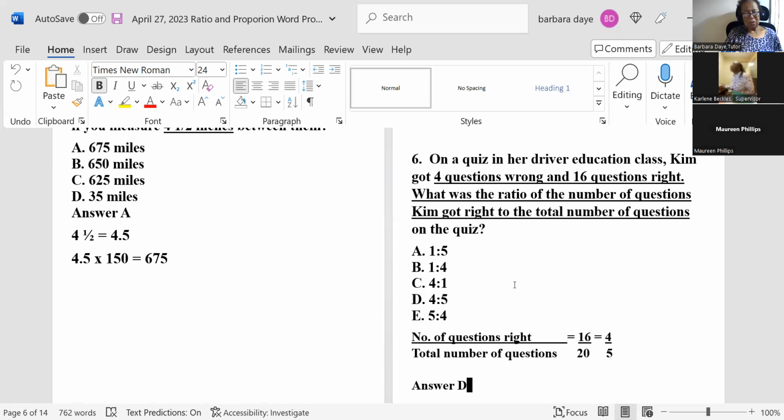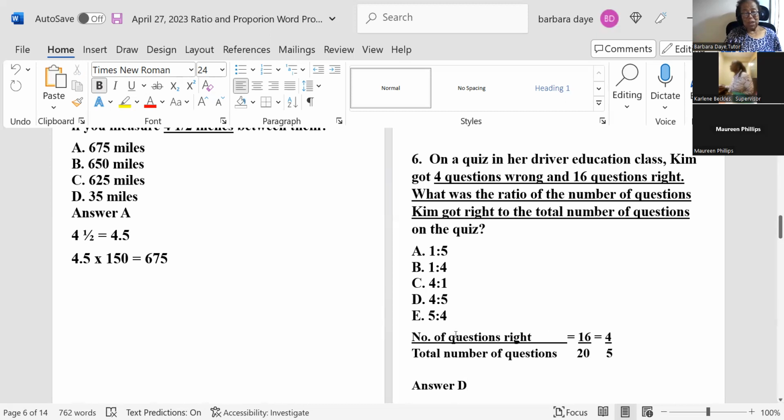4 to 20 simplified is 1/5. But you could have figured it out if the ratio of questions right to total is 4/5, you could say 4/5 from 5/5 is 1/5. Because the whole total is 1 and 5 over 5 is 1.